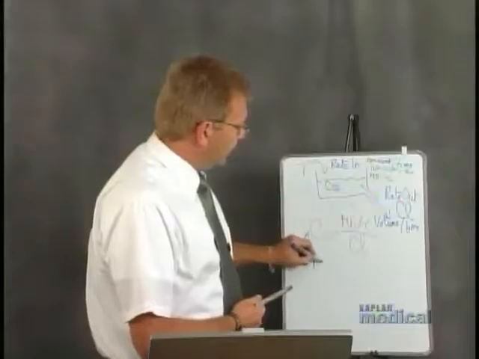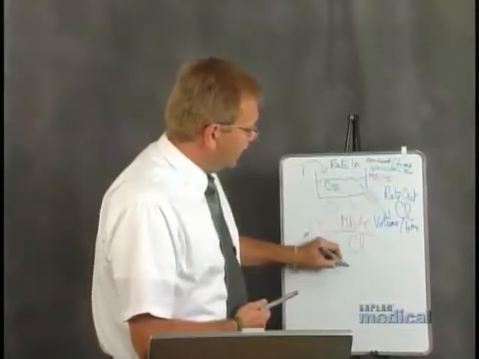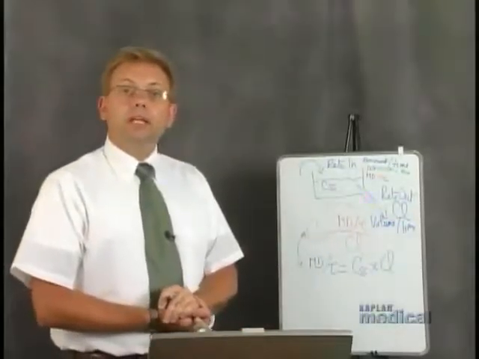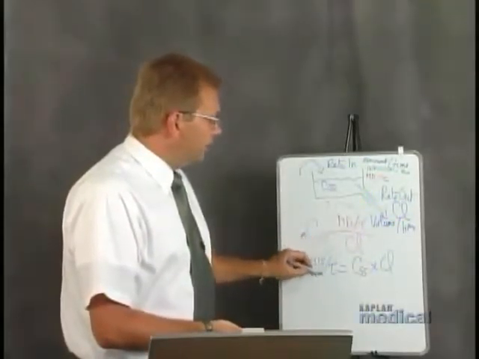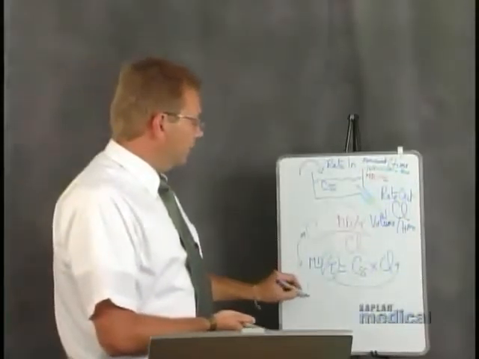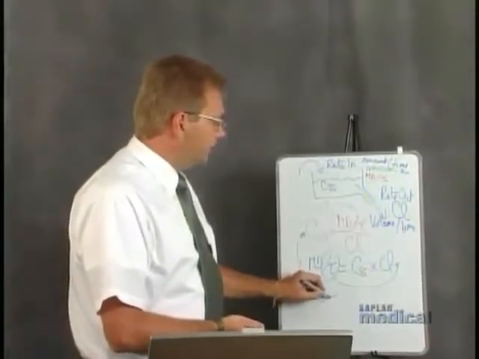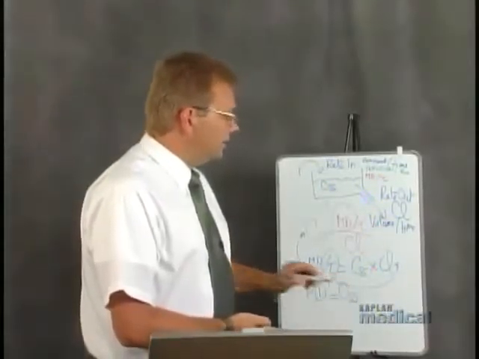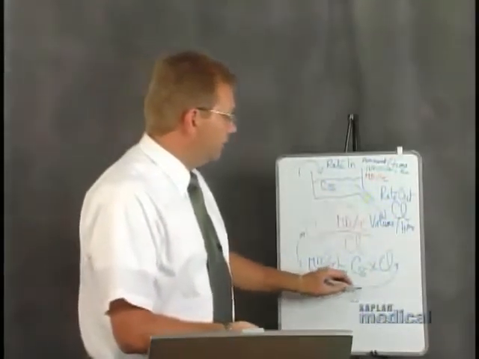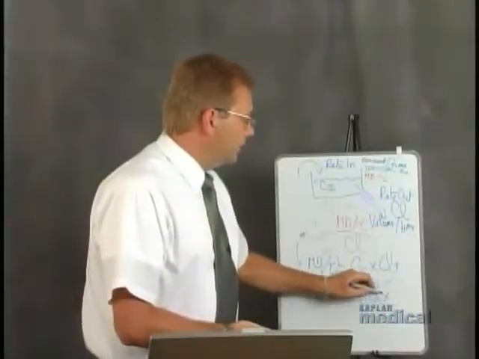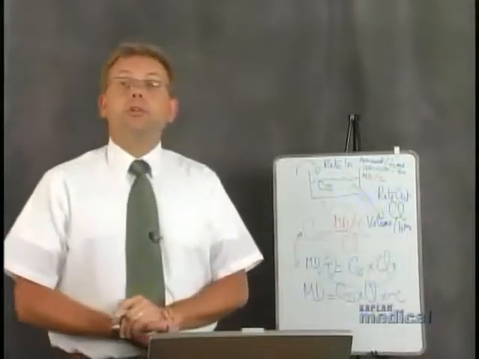You could write that MD divided by tau is CSS times clearance. And from there, you get rid of the tau and bring it to the other side in order to have the final equation that you have in the syllabus, which is: a maintenance dose is the steady state concentration you try to achieve times the clearance of that drug times the dosing interval that you've chosen.